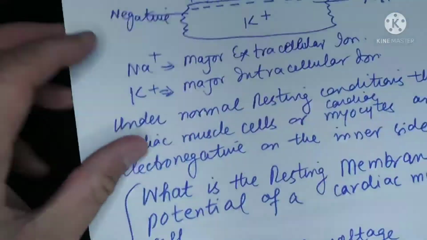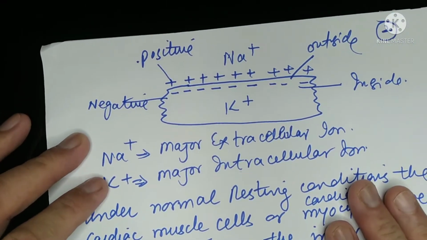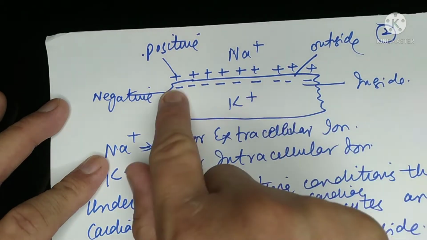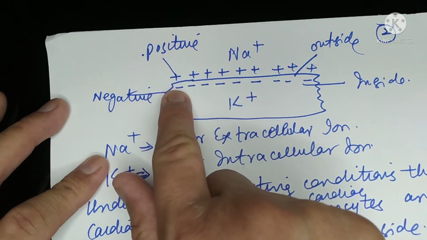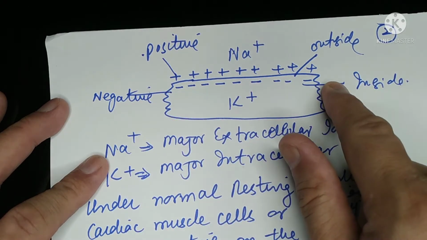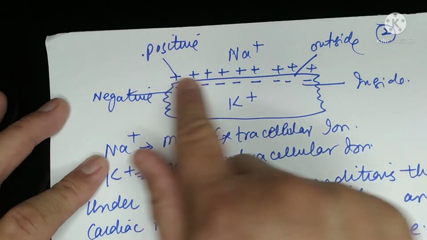Next important point is that, as I mentioned in my previous lecture about the movement of ions across the cell, the cardiac muscle cell is electronegative on the inner side. That is, there is negative charge on the inside of the membrane and positive charge on the outer side of the membrane.